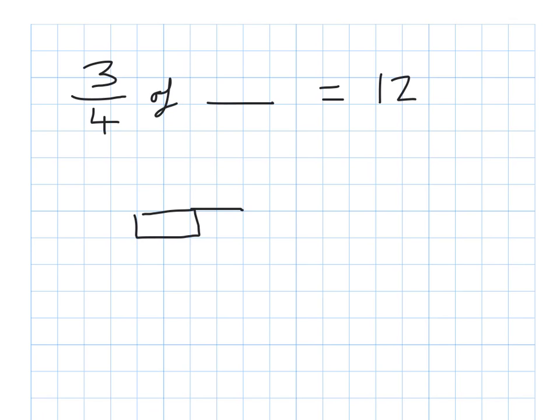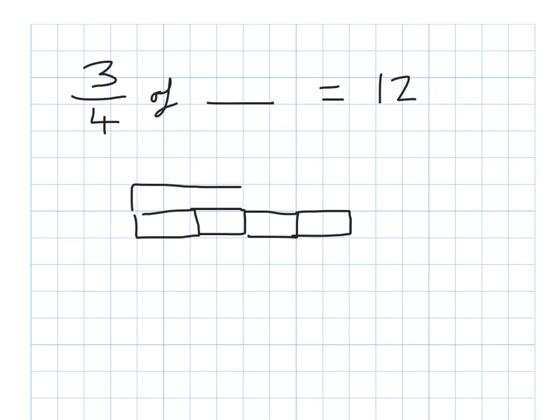Right, this is the final one, and this is going to be an extension of the last problem that we did. So this time we're going to find 3/4 of something, and we do not know what that something is, but we know that 3/4 of it is 12. So just like before, because we've got 4 as our denominator, we draw 1, 2, 3, 4 boxes.